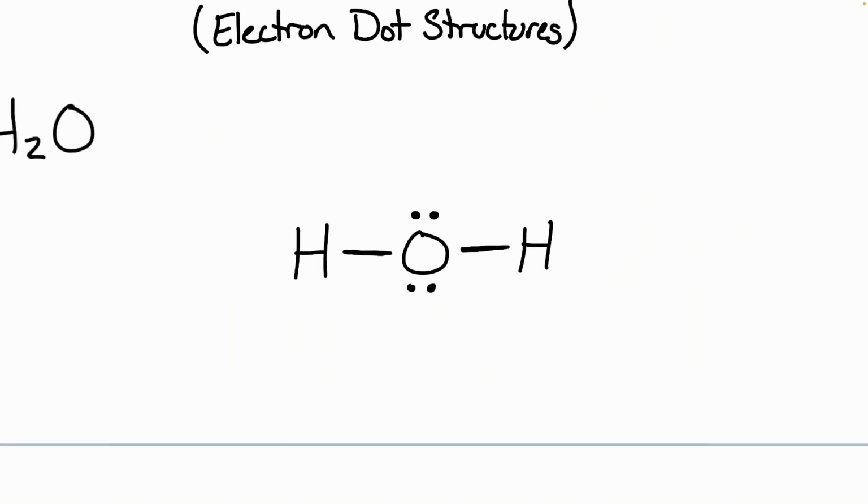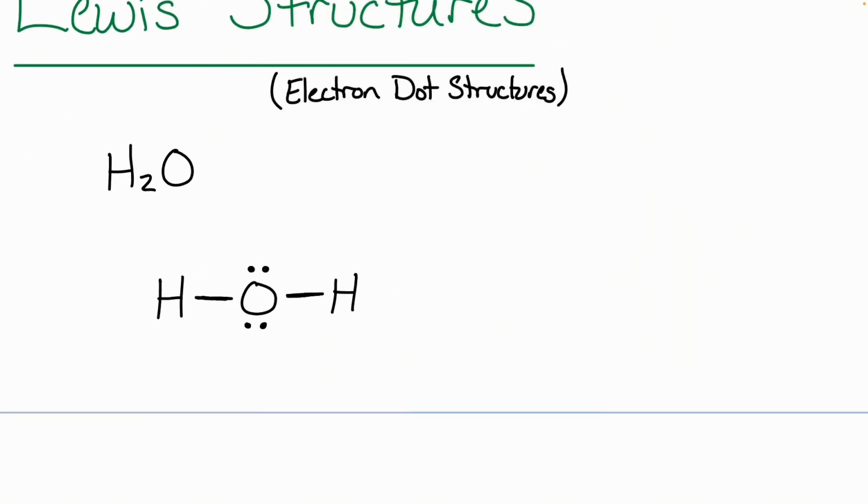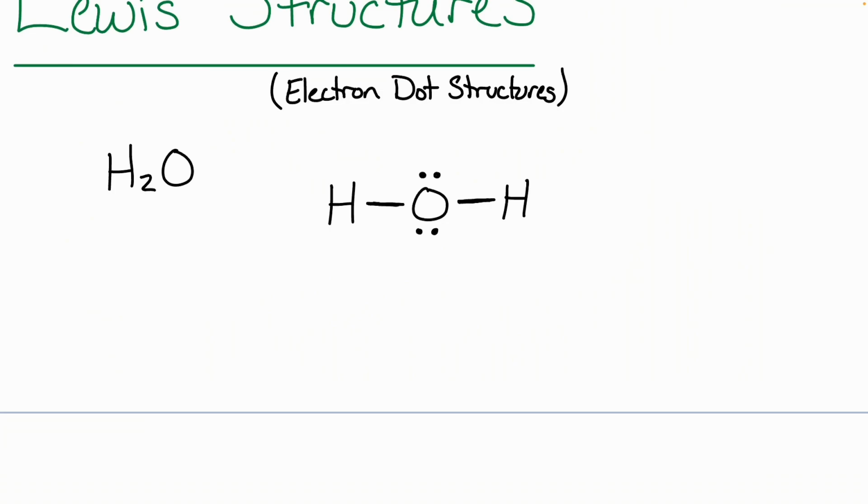Once we figure that out, then we'll work on taking this formula and converting it into this structure, but we're not quite there yet. So, understanding this structure. First of all, the lines in this structure represent the covalent bonds.